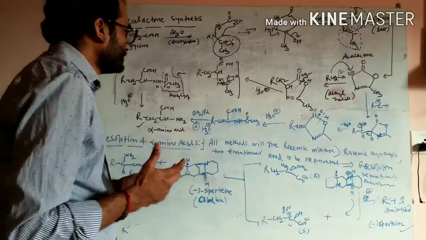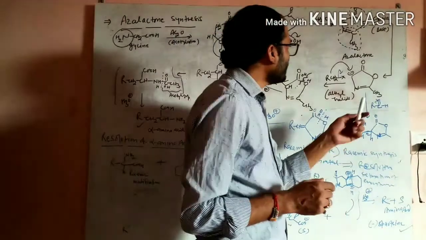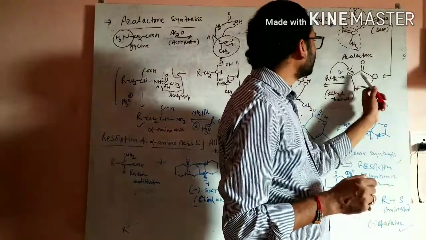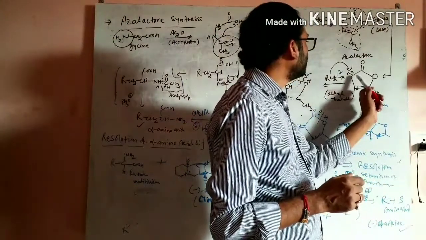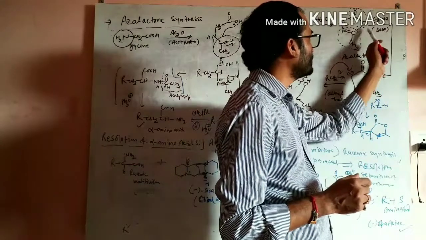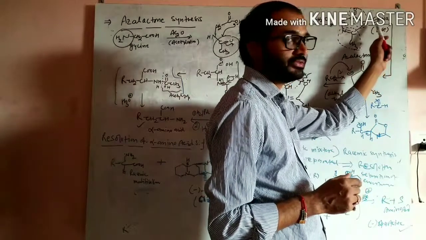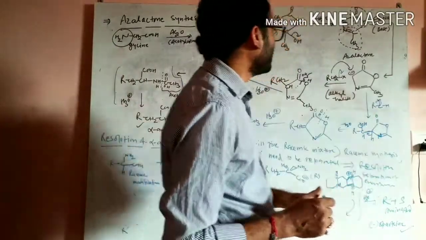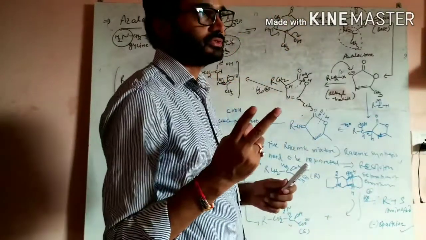Okay. One more thing: after getting this carbanion, when this intermediate is treated with the base, sodium ethoxide, we get this carbanion. Now we have two choices.